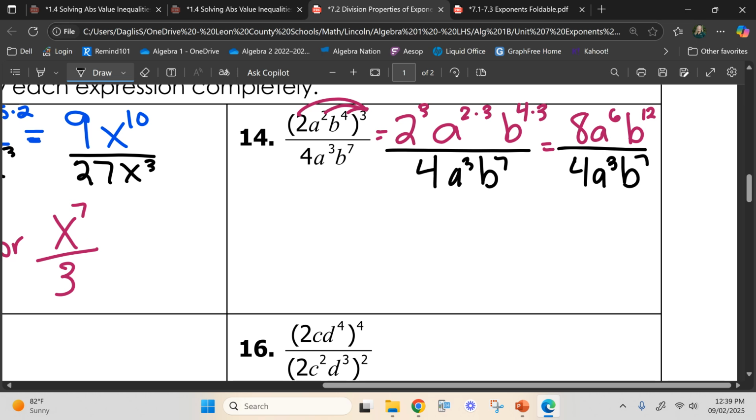Yes, 8 over 4 does equal 2. So 8 divided by 4, 2. What's the new exponent for my A? 3. Because 6 minus 3 gives me 3. B12 over B7, 5. B5.